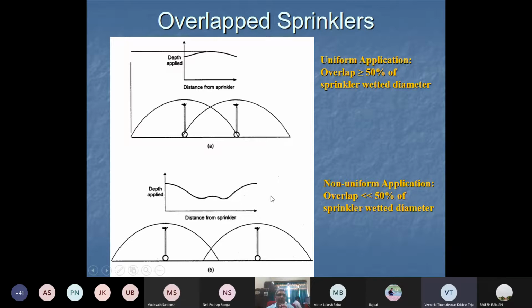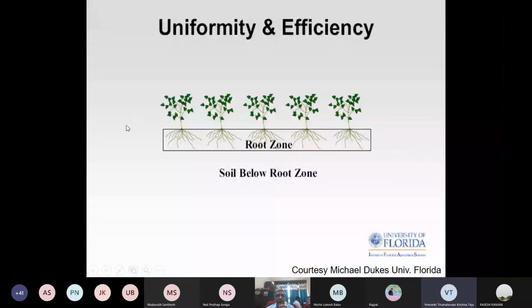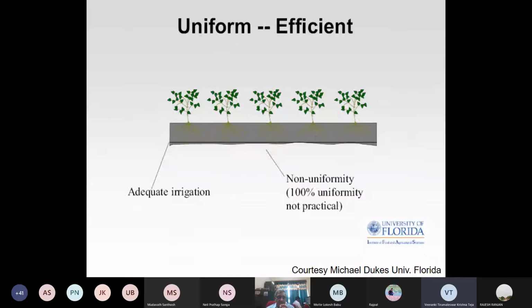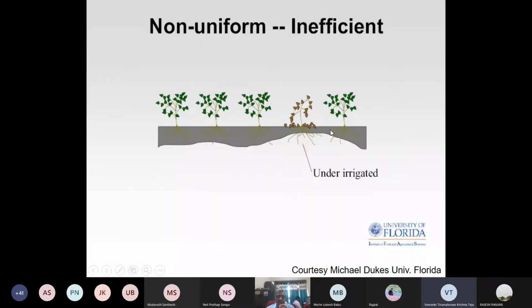Our aim is that there should be a uniform depth of water applied to the ground surface in order to wet the root zone depth. This is a non-uniform way of water application. If it is so, some part will get more water and some part will get less water. So depth of water application is important.